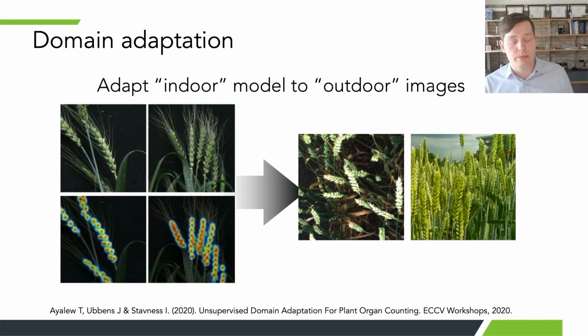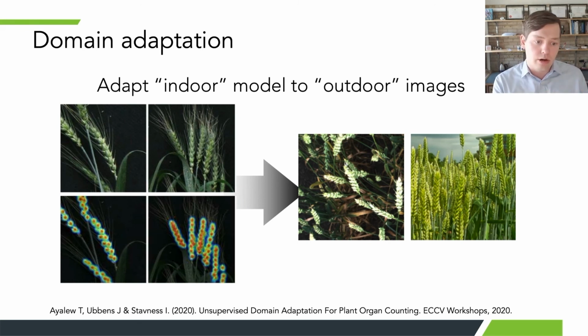One paper that we published in 2020 was to adapt an indoor model to outdoor images. We used as the source domain the ACID dataset from the University of Nottingham of wheat spikelets annotated from these really beautiful indoor pictures of wheat plants on a black background.